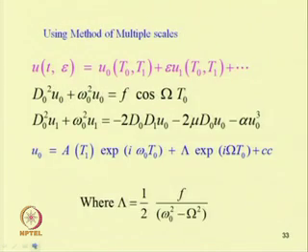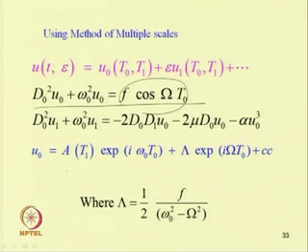Proceeding in a similar way, using the method of multiple scales, we can see that the solution of this equation will contain two parts. Previously, as the right hand side was 0, we had only the complementary part, but now in addition to this we have to add the particular integral of the system.